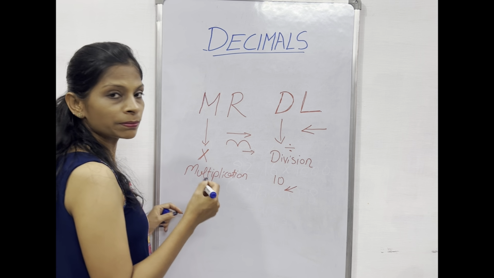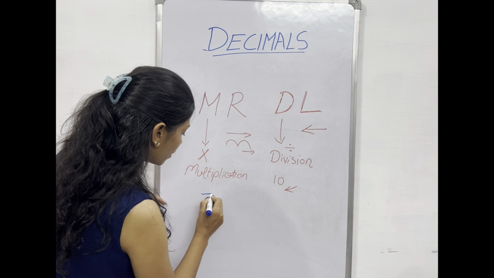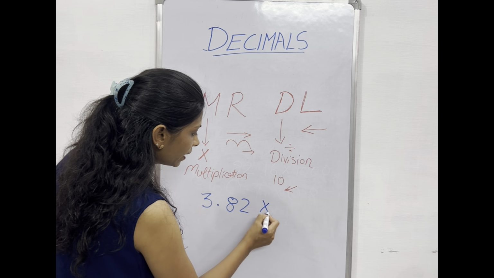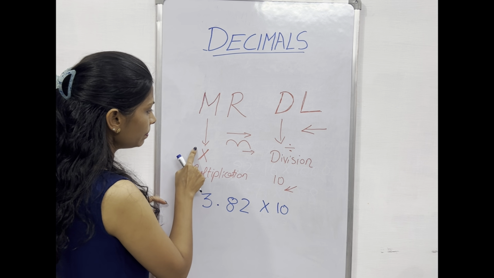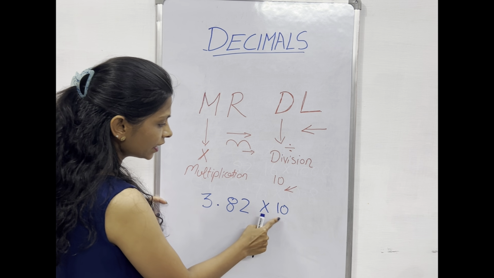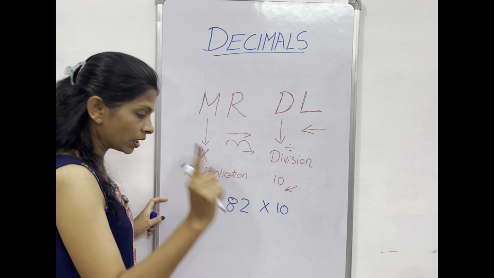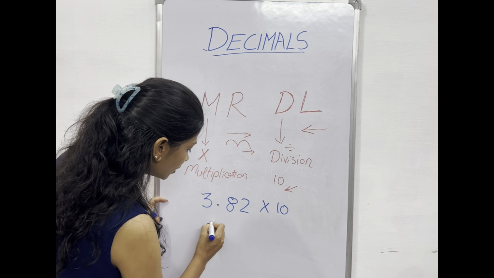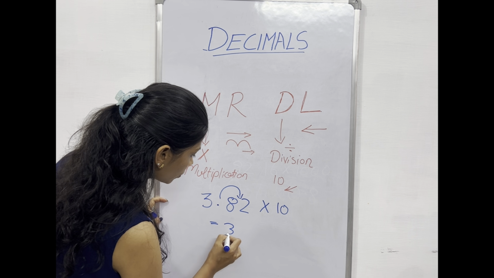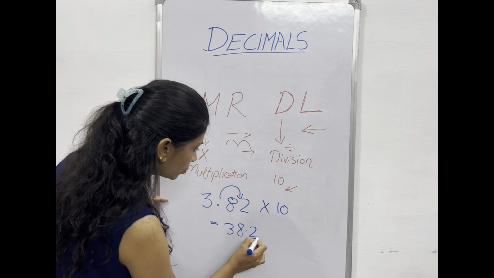Let's understand this by an example. If I have a number 3.82 and I'm multiplying this by 10, now multiplication, the decimal is shifting towards the right. How many points will it shift? It will shift 1 point because I have 1 zero here. So my decimal shifts 1 point towards the right. Answer would be 38.2.